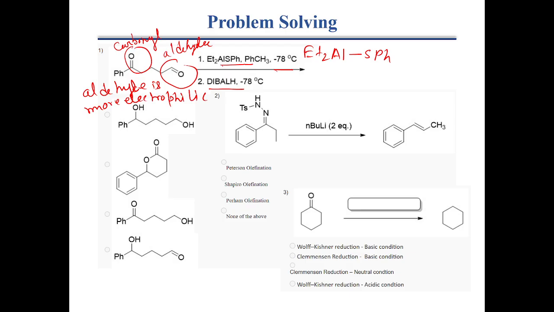So now between these two, the electrophilicity of aldehyde is much greater than the ketone. So this aldehyde oxygen will react with the aluminum center as it is electrophilic in nature or Lewis acidic in nature, and remove this SPh minus. Then what will it form?